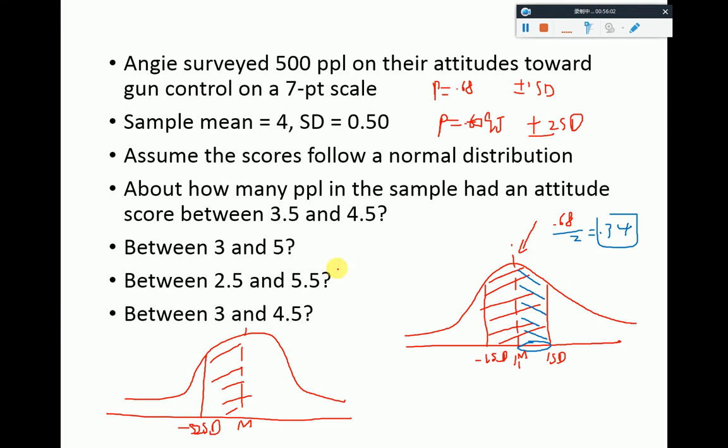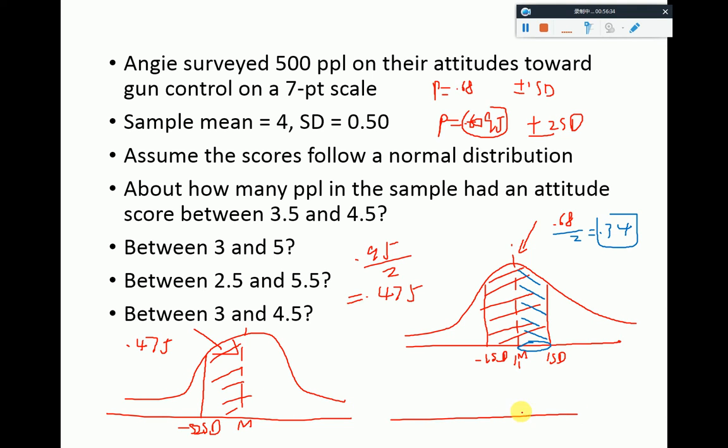Now we only want the probability of observing any score that's greater than two standard deviations below the mean but smaller than the mean. That is half of 0.95. So half of 0.95 is 0.475. So the area of this part is 0.475.